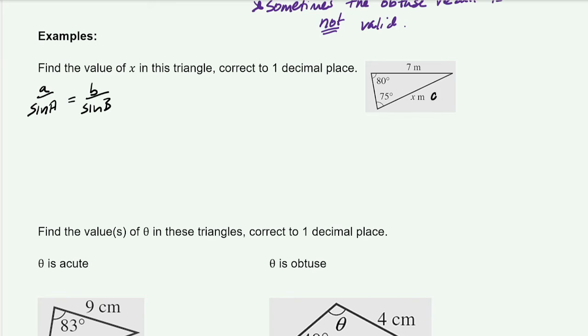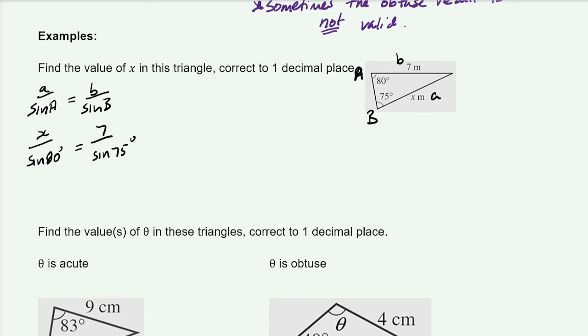So I'm going to label this as A, B, and then that's going to be A and B. Fill in what I know. So it's going to become x over sine of 80 equals 7 over sine 75. We should probably put our degree signs in.